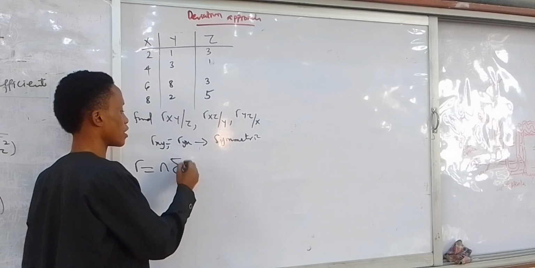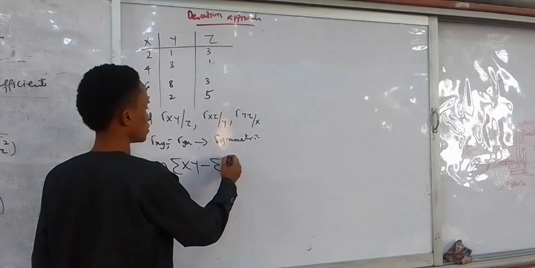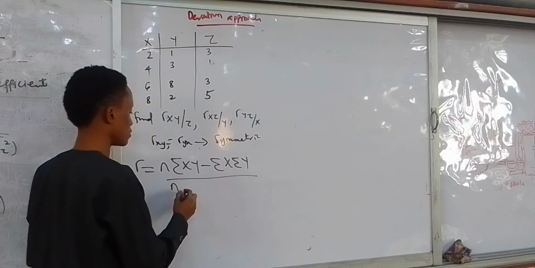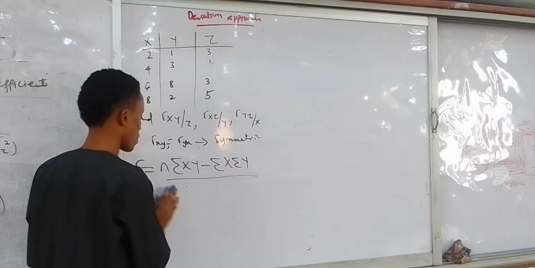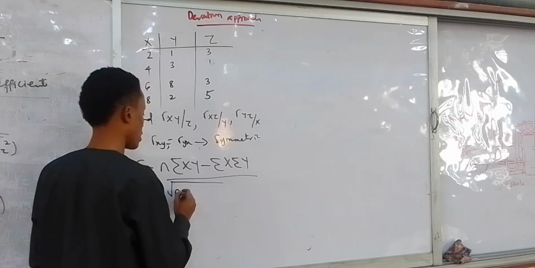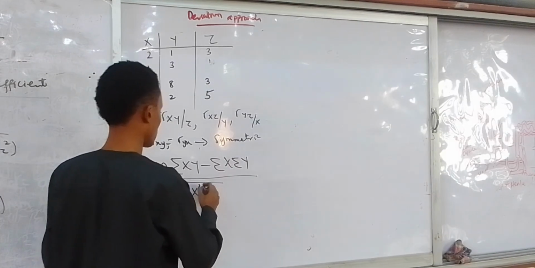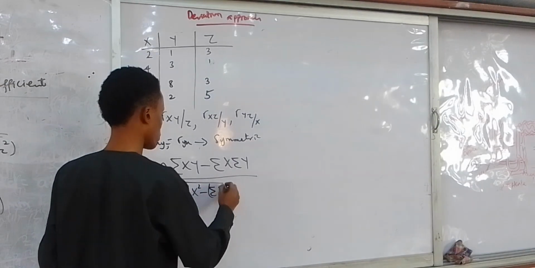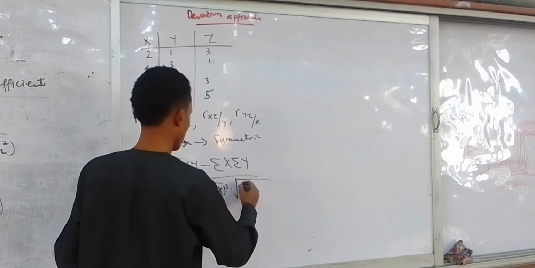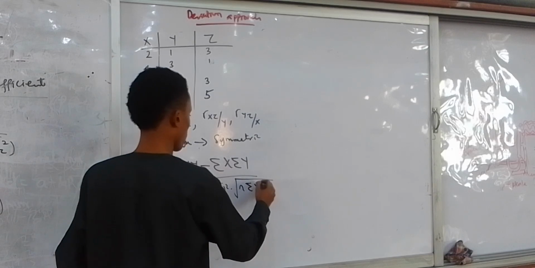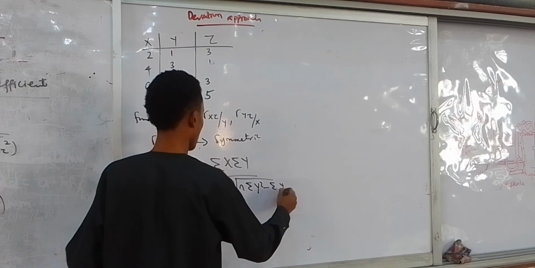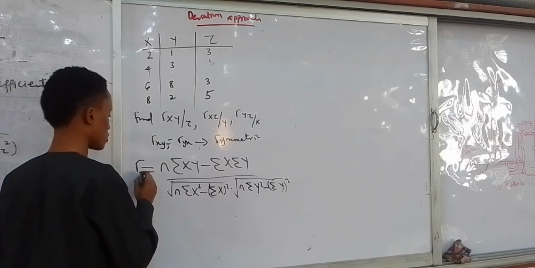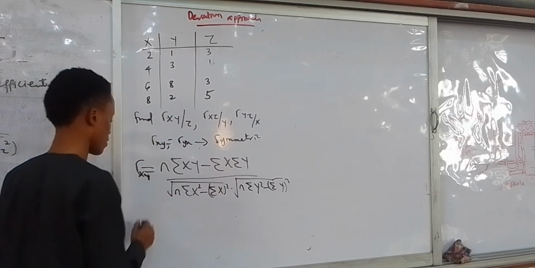The formula is n summation xy minus summation x summation y, over the square root of n summation x squared minus summation x all raised to 2, times the square root of n summation y squared minus summation y raised to 2. So this is for rxy.